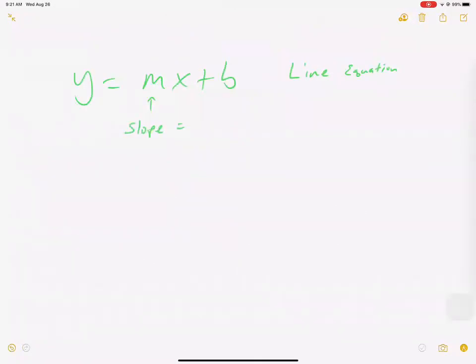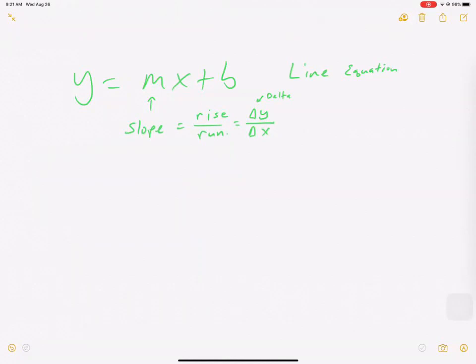Another way of looking at slope is rise over run, which is just a fancy way of saying how much your y changed whenever your x changed. And delta in math is another way of saying a difference, a change. How much did the y change versus how much did the x change?